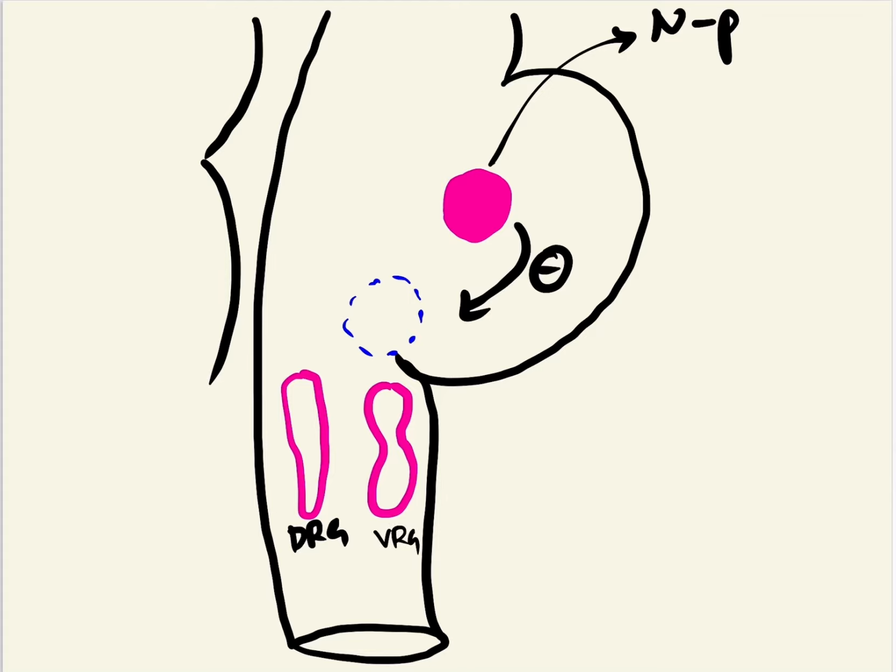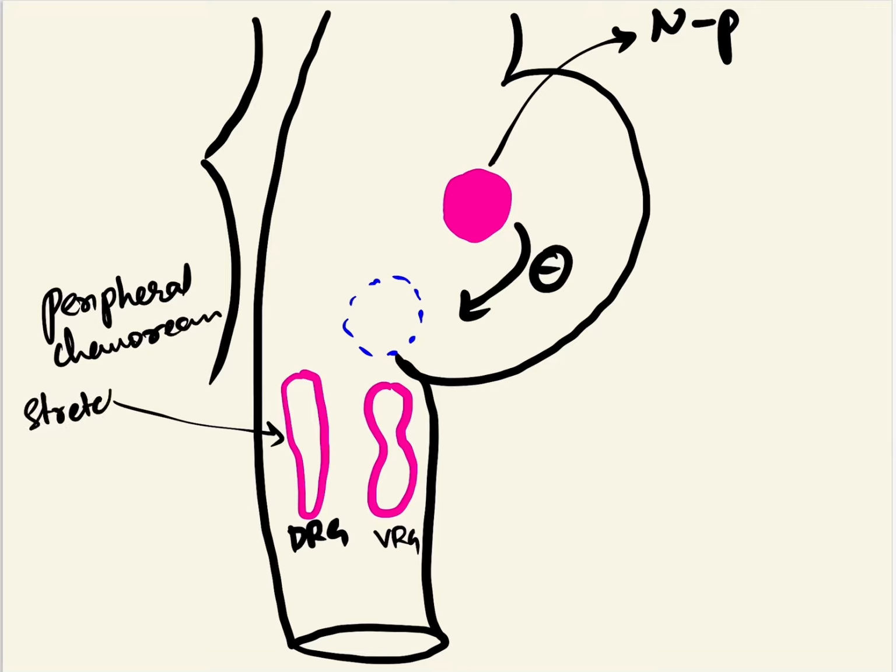So the dorsal respiratory group receives afferents from different receptors, namely the peripheral chemoreceptors and stretch receptors present in the lungs.